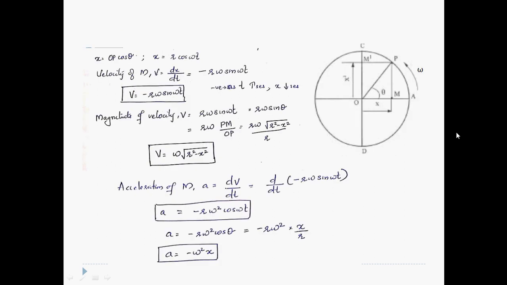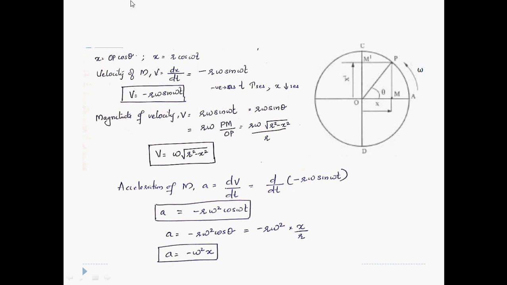Then here x can be written as x is equal to OP cos theta. OP is equal to R and theta you can write as omega t. So x becomes R cos omega t. Velocity is equal to dx by dt, that is, velocity is the derivative of x with respect to time.